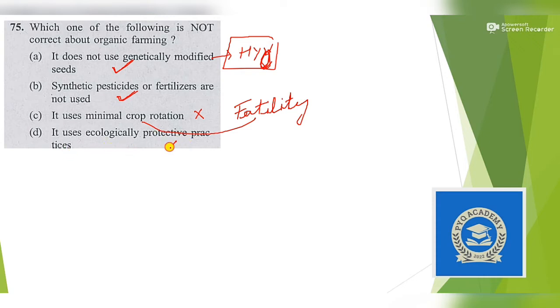Yes, it is an ecologically sustainable practice, because we are maintaining the fertility of soil, and at the same time all the pesticides or anything which are harmful to the environment are not used. Okay, so answer is option C.